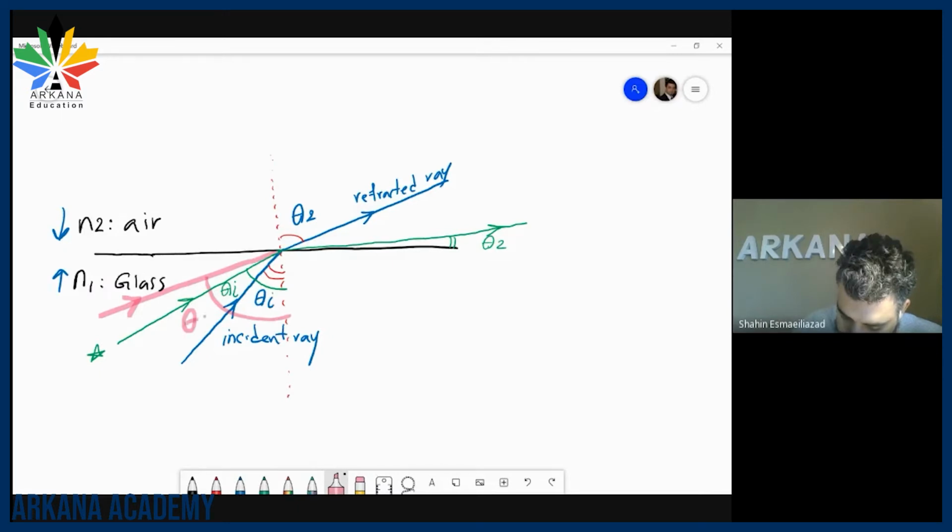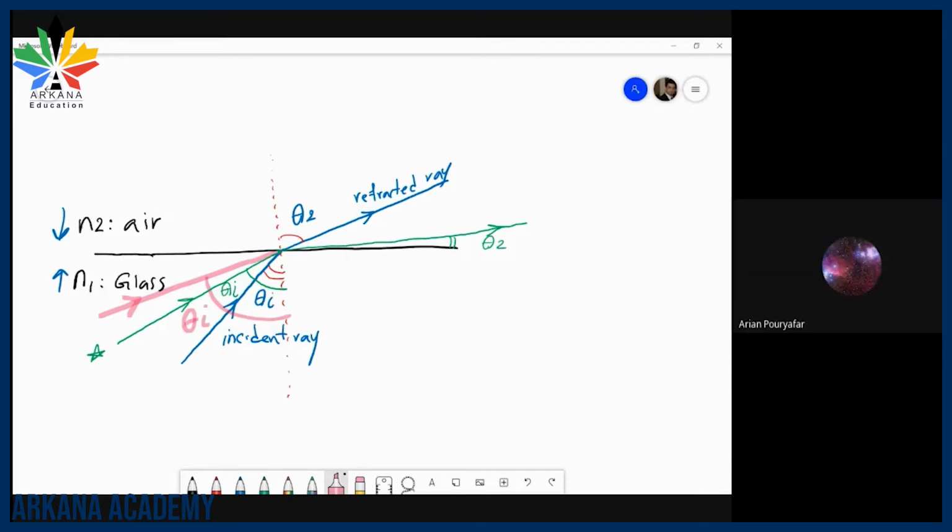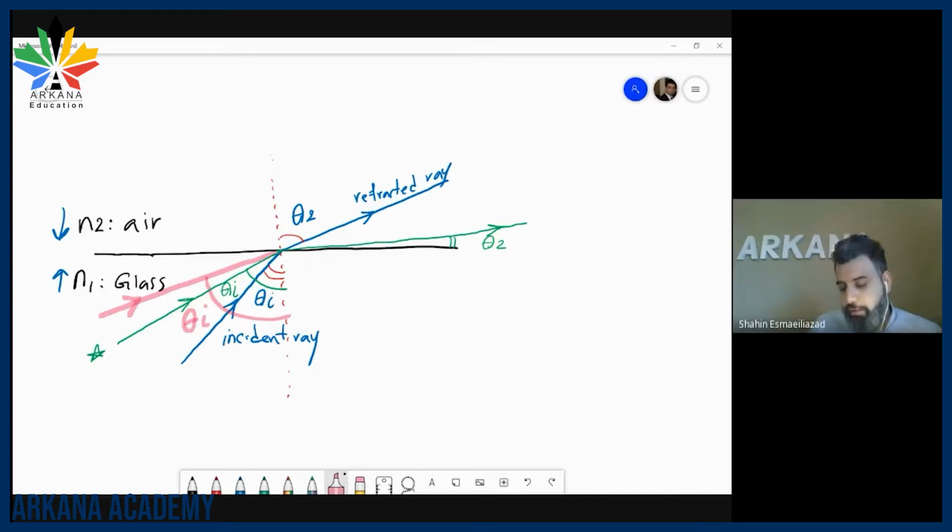This is our new theta I, the bigger angle. Now, because it's bigger, the refracted ray is actually going to be right on the surface. So the refracted ray is not going to exit the medium. It's not going to exit the glass.